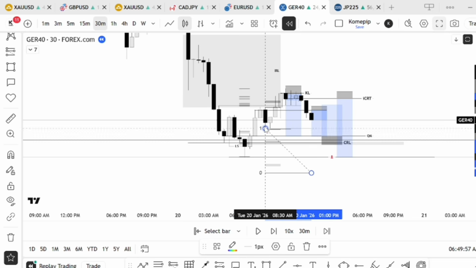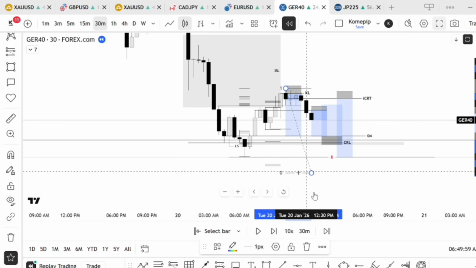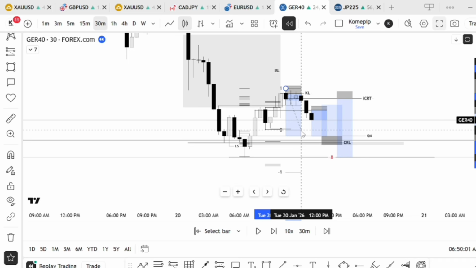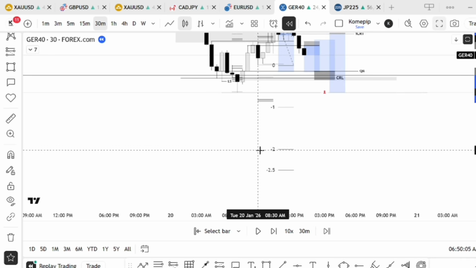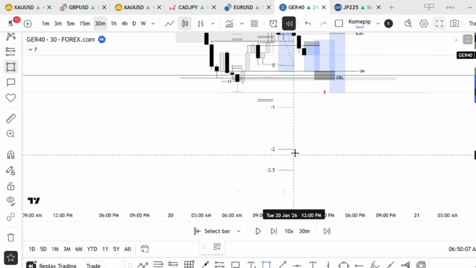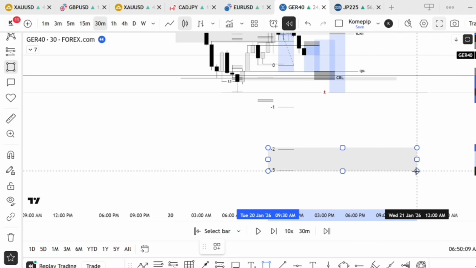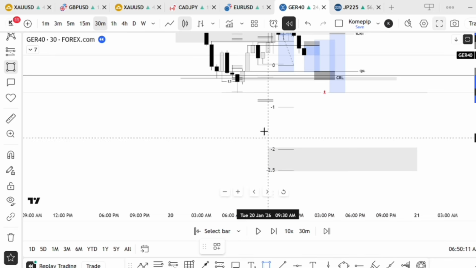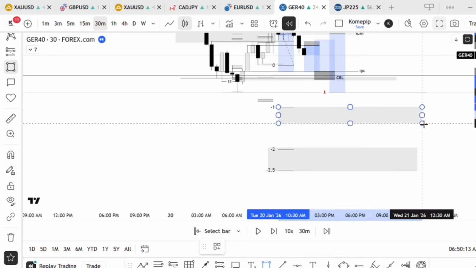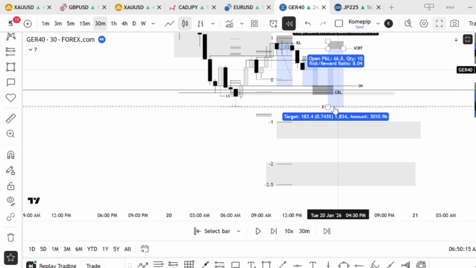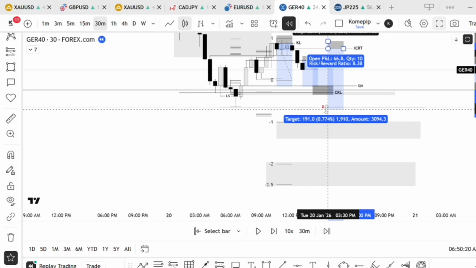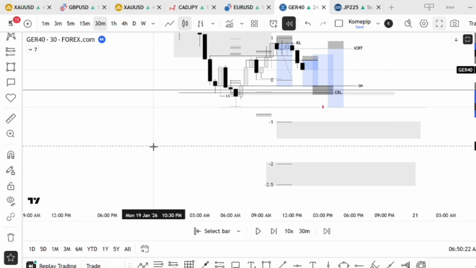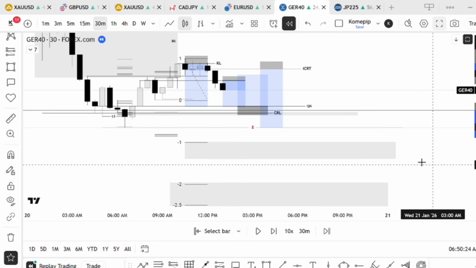Let's flip it like this. Yep, just like that. So this zone, 50%, these zones are my potential reversal points. Yes, these are my potential reversal points. So as well, I can choose to put my stops around the zone. Okay, but let's put it on this particular level.